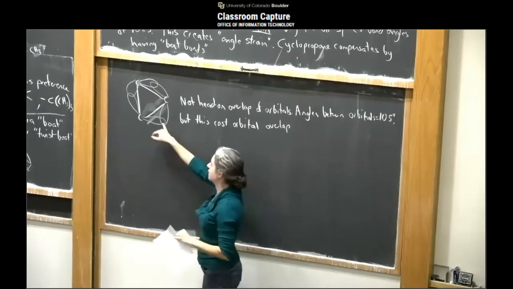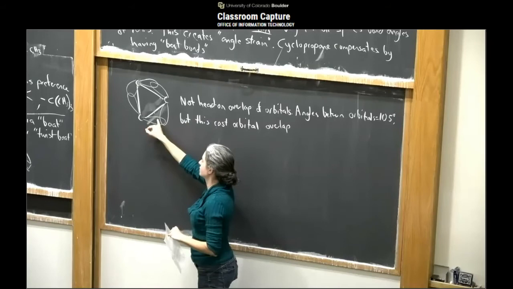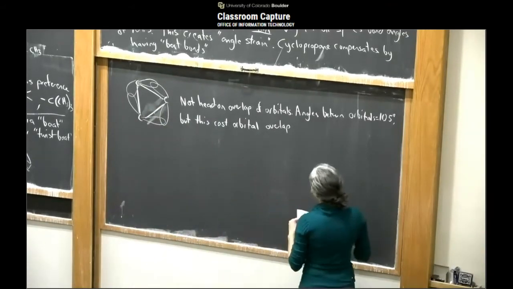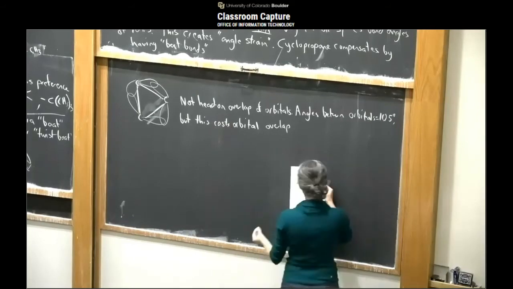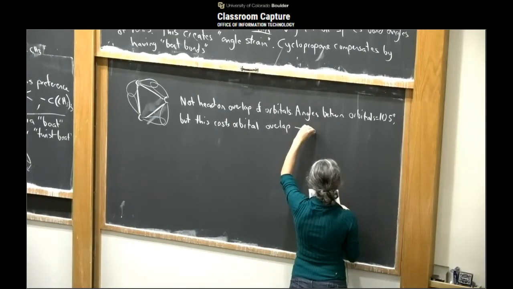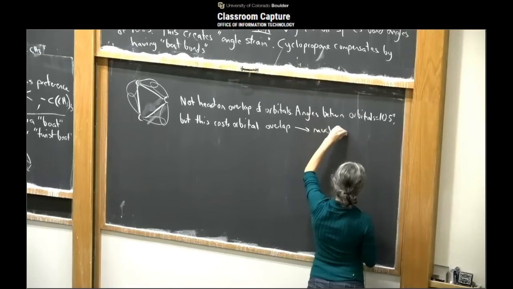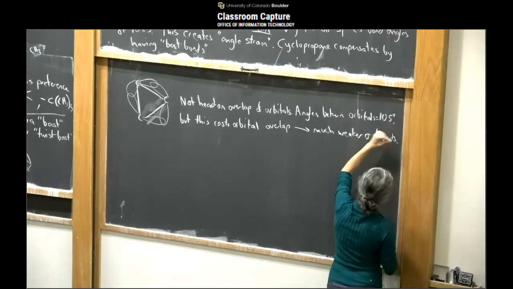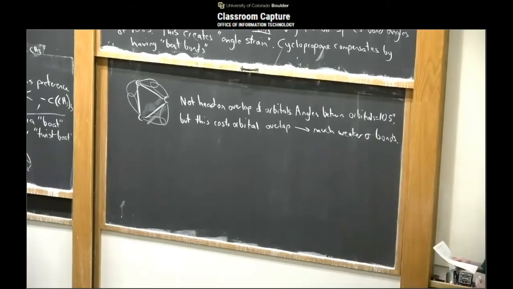Sort of side-on-ish bonds are much weaker than the head-on overlap that we would really hope to get for a sigma bond. So this costs orbital overlap, which means much weaker sigma bonds. And I'm actually not sure what the bond strength looks like, but I would expect it to be probably not that much better than the strength of a pi bond, which we know are quite a bit weaker than sigma bonds.